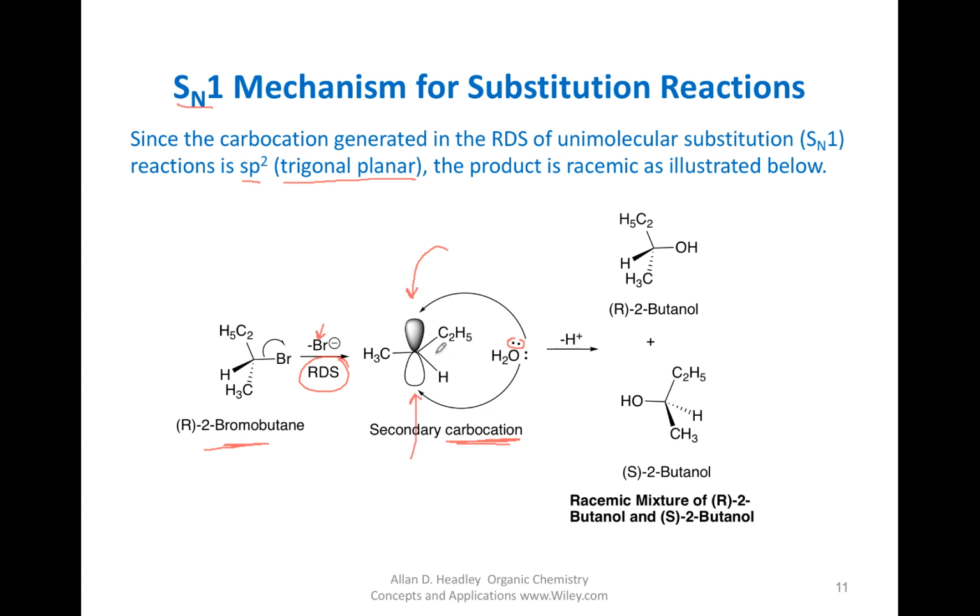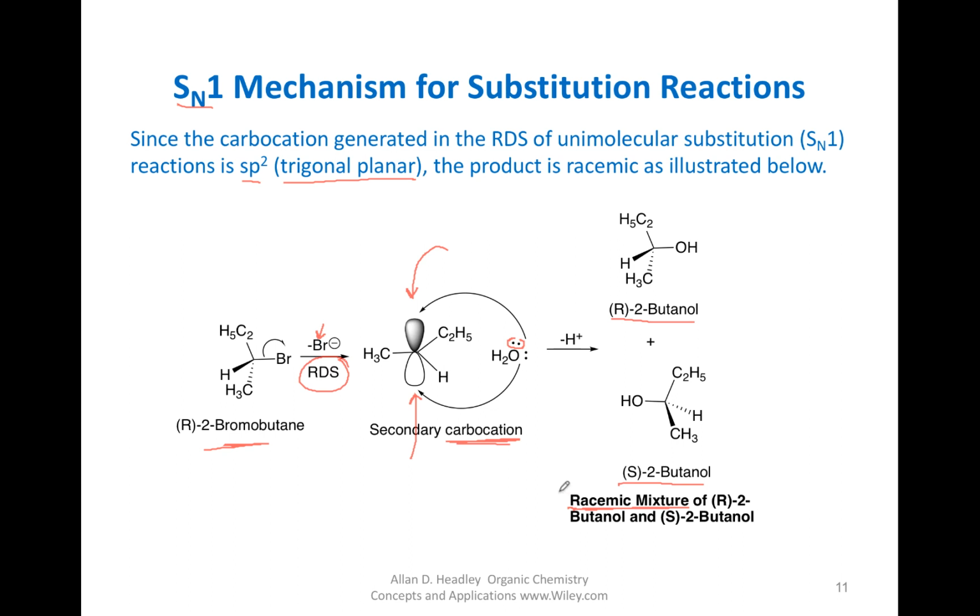There's an equal probability of coming from either side because it's completely flat. And of course there is an equal mixture of the alcohols or the products. If you have an equal mixture of optically active molecules, that's called a racemic mixture.